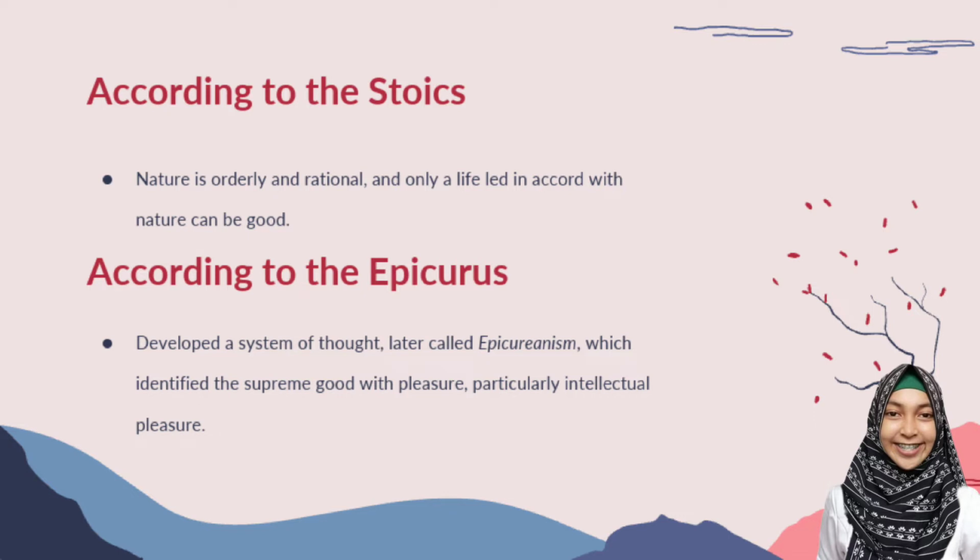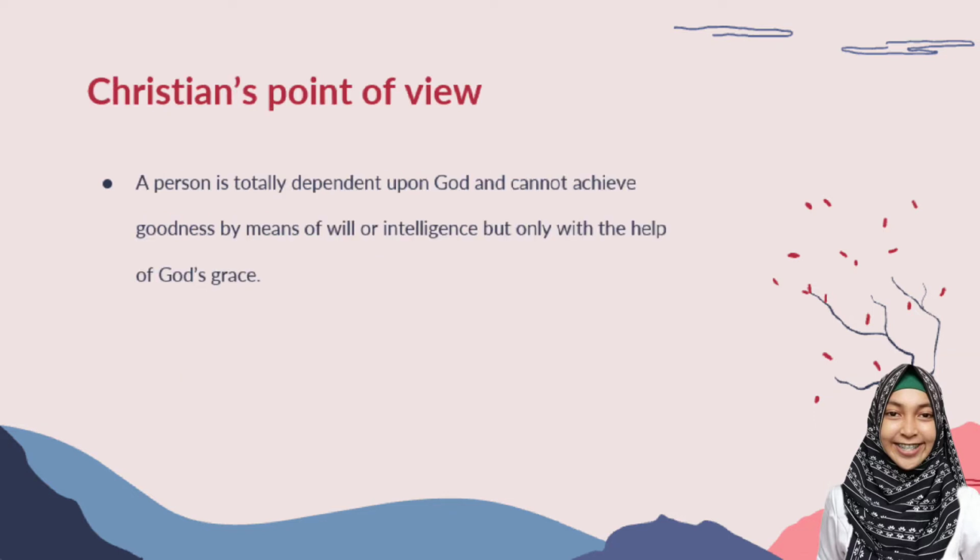But on the other hand, in the Christian's point of view, it is exactly the opposite, because a person is totally dependent upon God and cannot achieve goodness by means of will or intelligence alone, but only with the help of God's grace. The most important Christian ethical belief is stated in the golden rule: whatever you wish that men would do to you, do so to them.